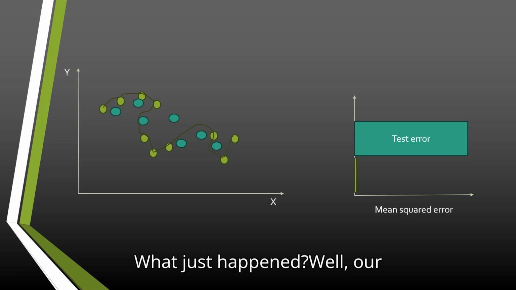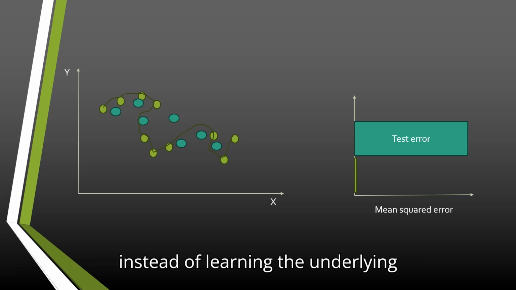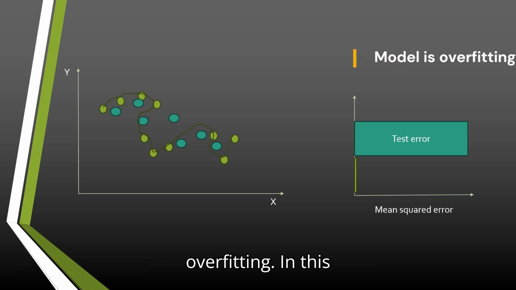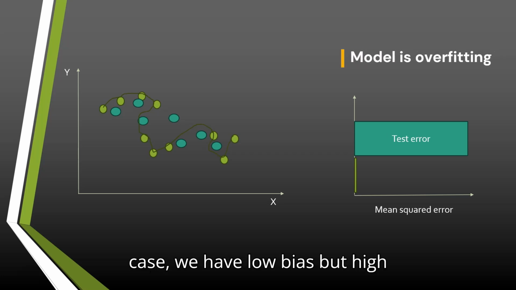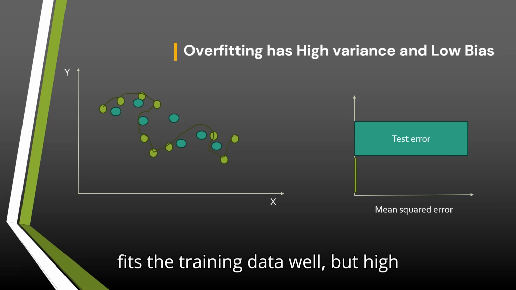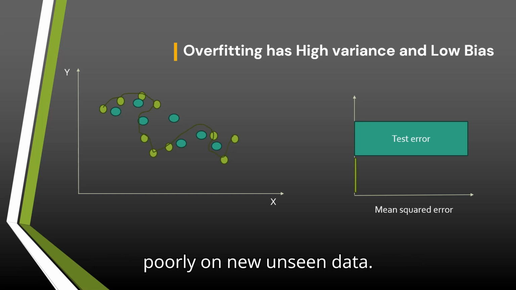Well, our model has memorized the training data instead of learning the underlying patterns. And this is called overfitting. In this case, we have low bias but high variance. Low bias means the model fits the training data well, but high variance means it's too sensitive to small fluctuations in the data and it performs poorly on new unseen data.